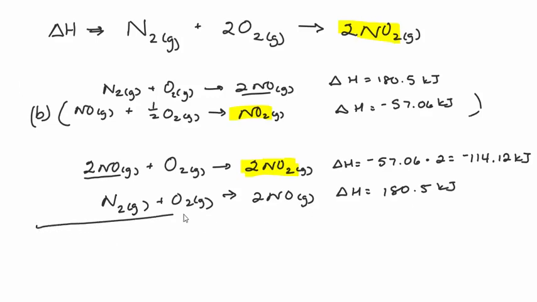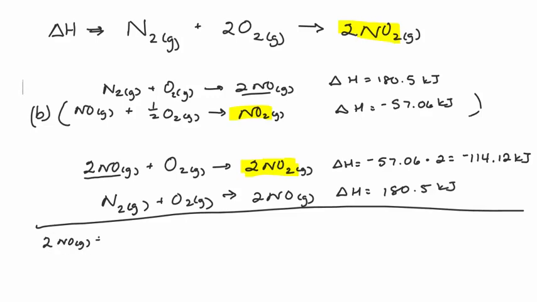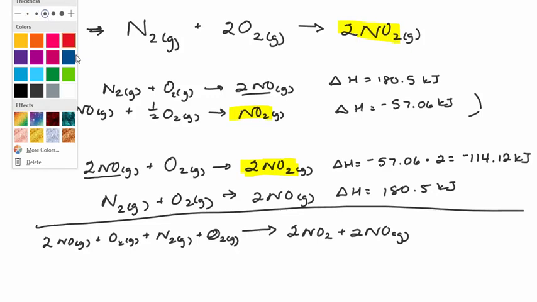So now I'm going to add this all up. All of my reactants will be on the left-hand side, and then all of my products will be on the right-hand side. Now I cross out the like items.